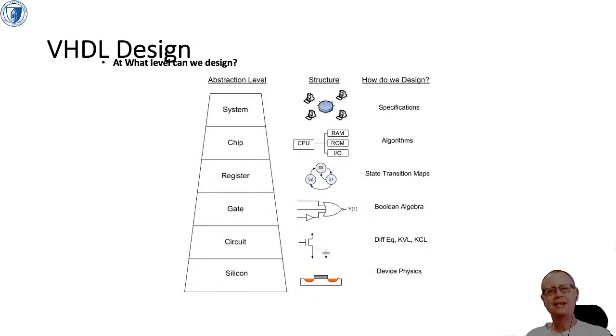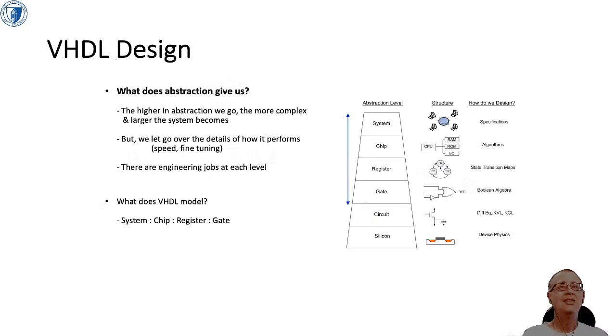And then all the way down to the silicon, where we might actually have to deal with fundamental physics about how things work. The stuff we're interested in for VHDL is to try and deal with the top four. And most of the stuff we're going to be doing is in the middle two, the gate and the register piece. We might also deal with the chip level.